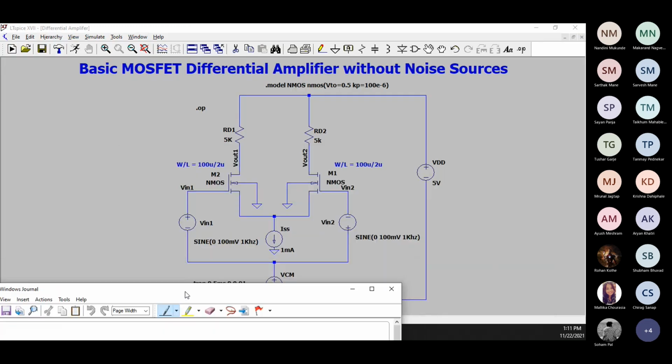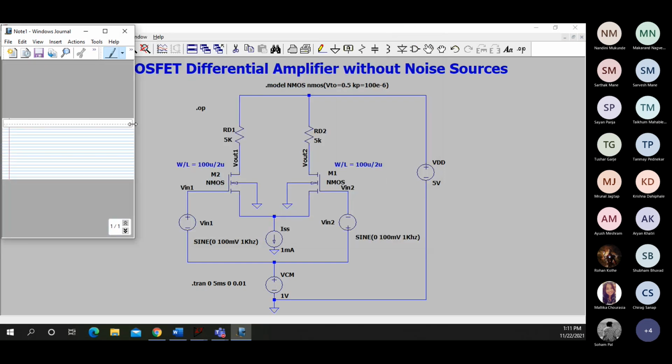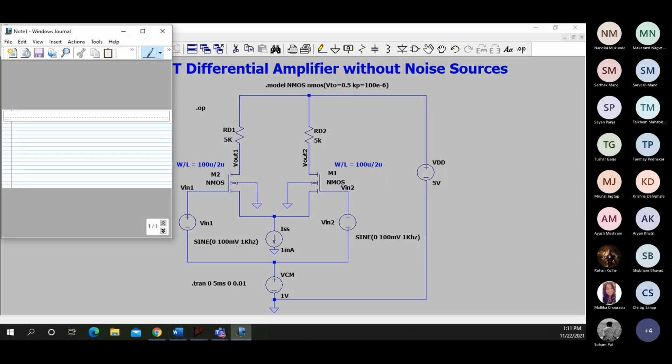So this is actually our circuit, but the gain of this circuit, that is the differential gain, is 2 times Rd upon 1 by Gm1 plus 1 by Gm2. But actually Gm1 and Gm2 are the same, since the values of resistances and the W by Ls of the transistors are the same.